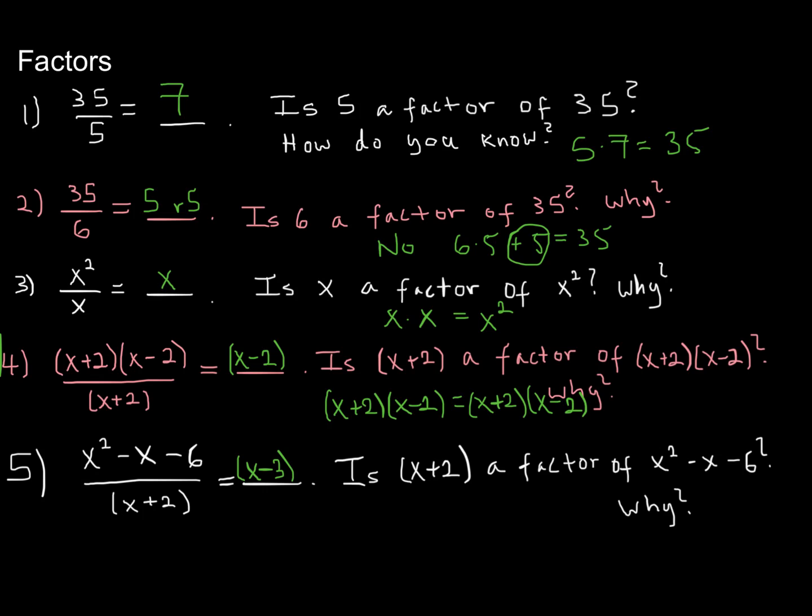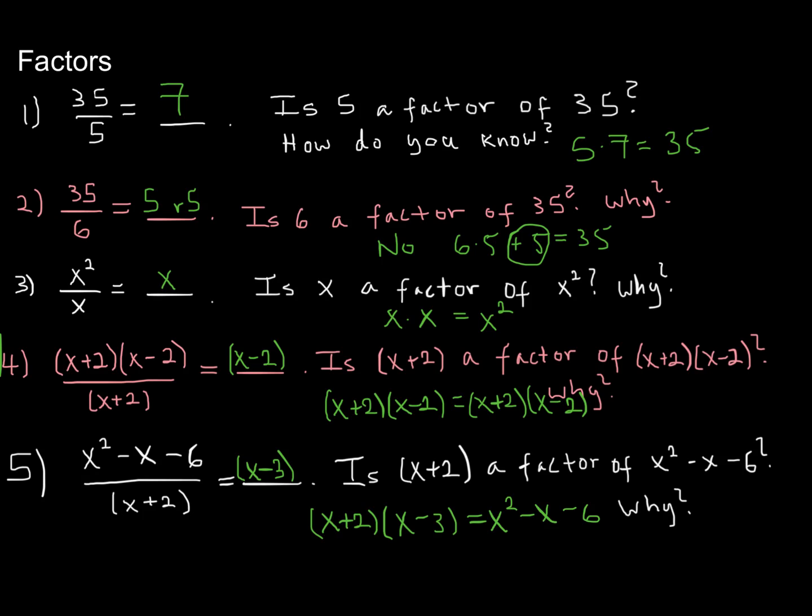So we can say x plus 2 is a factor of x squared minus x minus 6, because I can multiply it by x minus 3. Notice there's no remainder here, I don't have to add anything on to the end. It will go in perfectly. X plus 2 times x minus 3 will give me exactly x squared minus x minus 6.